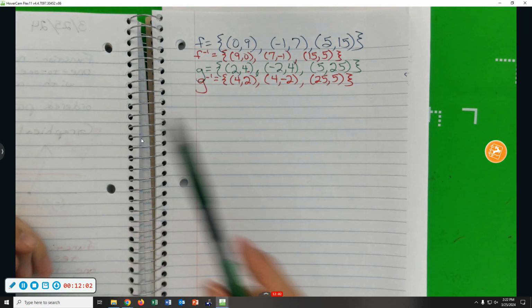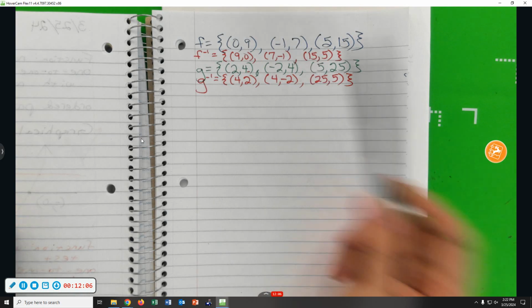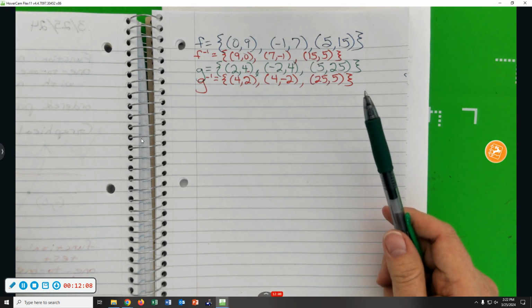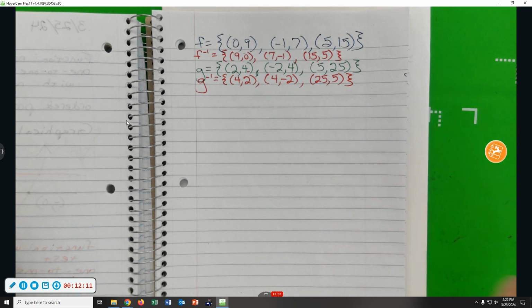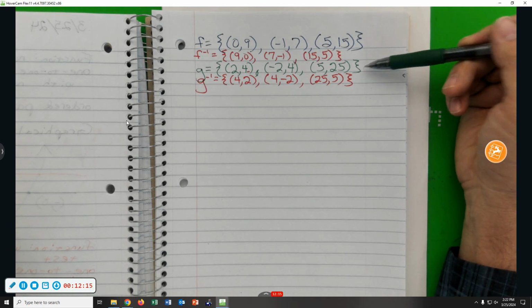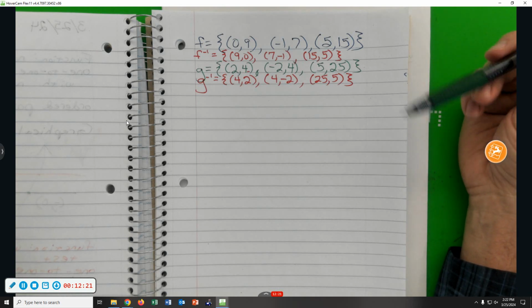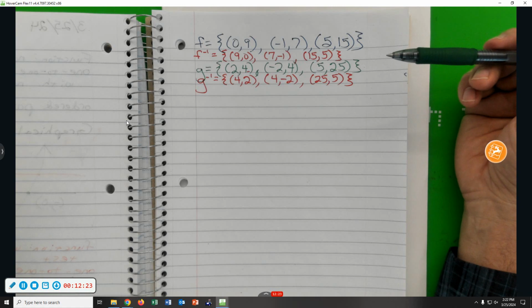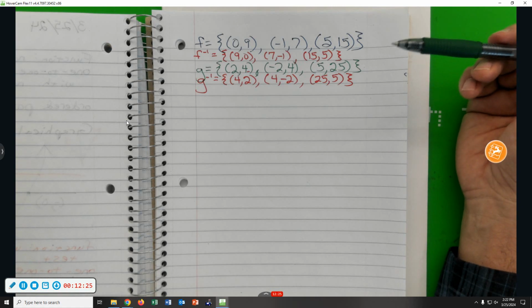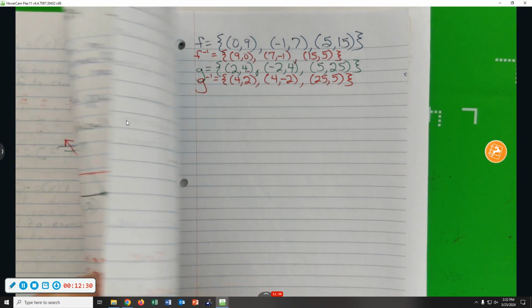But what went wrong? f inverse is a function, 9, 7, 15, they're all different. What's the fundamental difference between f and g? I'm looking for a general remark based on what we were talking about a few minutes ago.